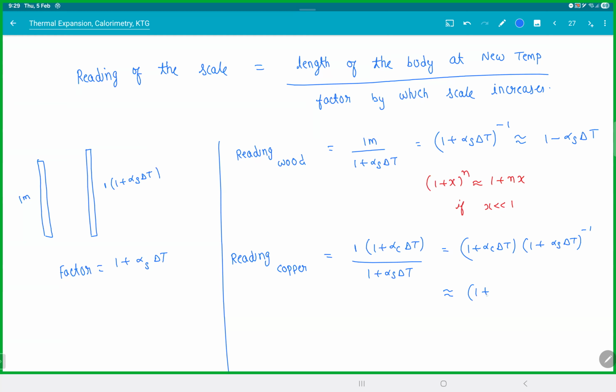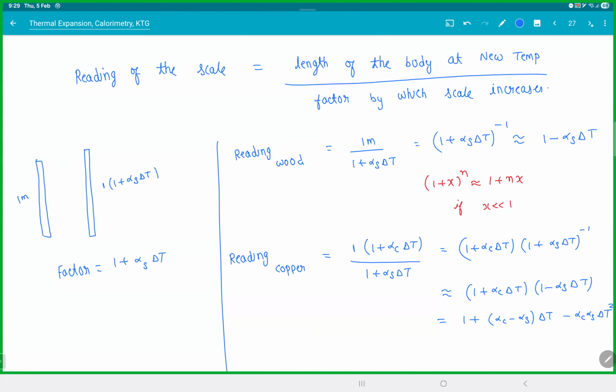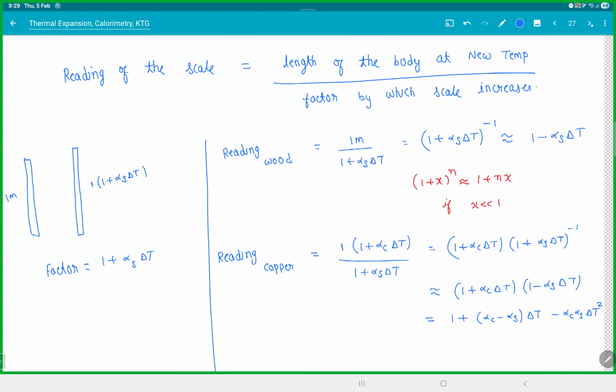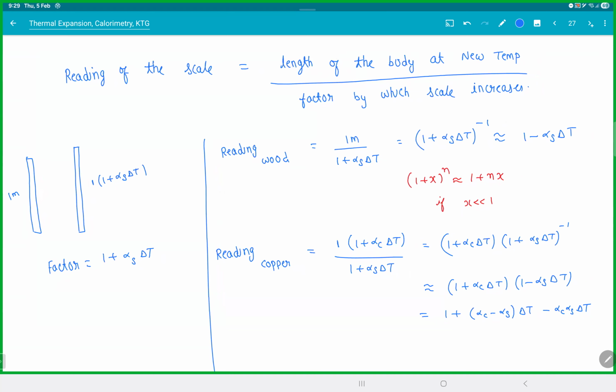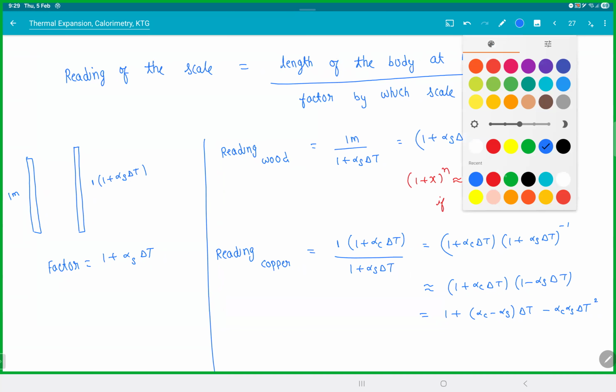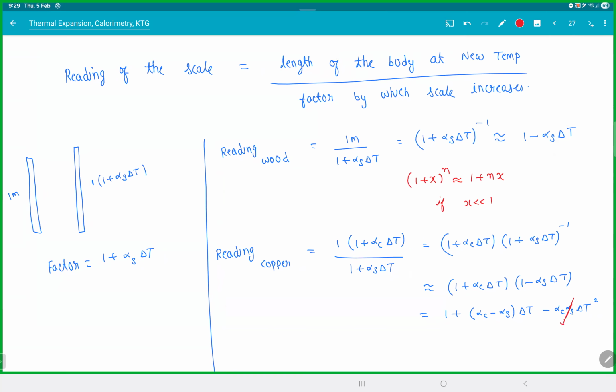This becomes (1 plus alpha copper delta T)(1 minus alpha steel delta T). This is 1 plus (alpha copper minus alpha steel) delta T minus alpha copper alpha steel delta T squared. But again, alpha is very, very small and you're multiplying two alphas, so we neglect this. Your final answer is 1 plus (alpha copper minus alpha steel) delta T.